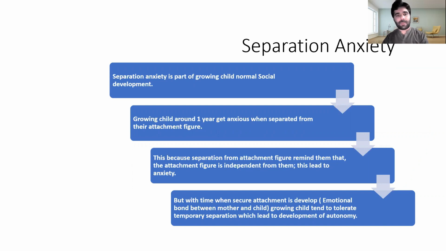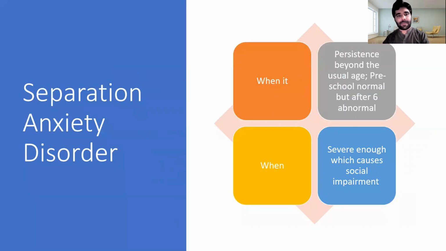So development of autonomy and secure attachment prevent separation anxiety. But if the separation anxiety persists after a certain age, that is, it persists after preschool age, or it is severe enough that it leads to impairment of social functioning, then it is called separation anxiety disorder.